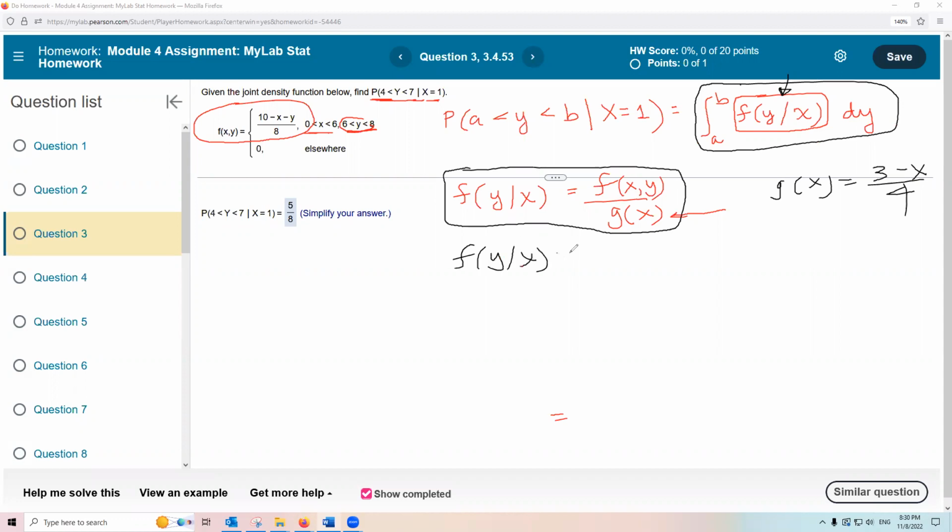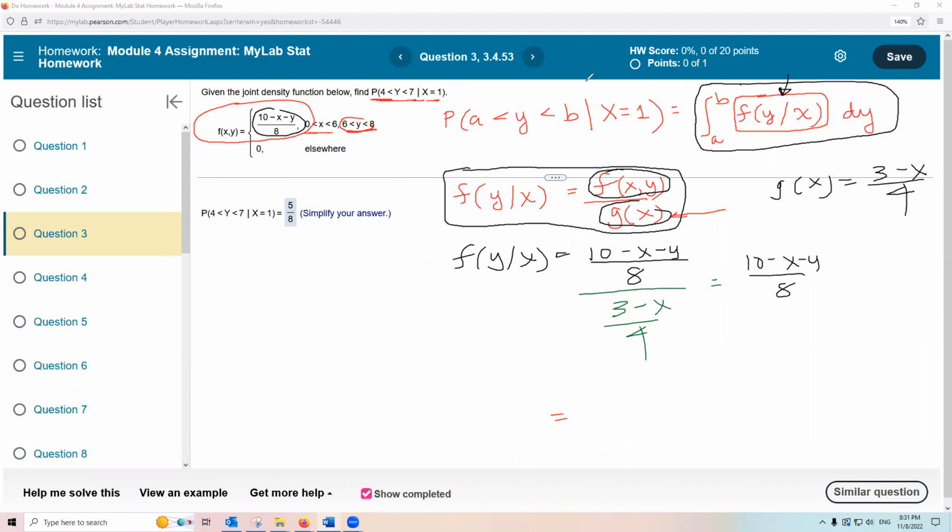Y given x. All right, it says take the original density function. That was (10 minus x minus y) over 8. I'm getting that from back here. And I have to divide it by g of x. Well, g of x on the bottom is our (3 minus x) over 4. This is dividing one fraction by another, so I'm just going to keep the first fraction and flip the second fraction upside down.